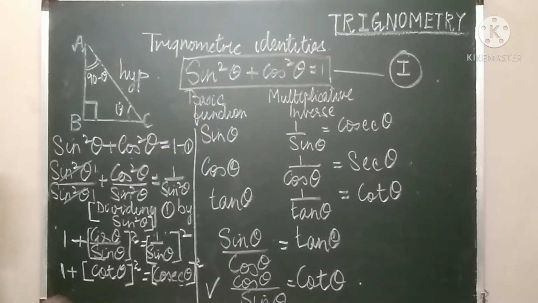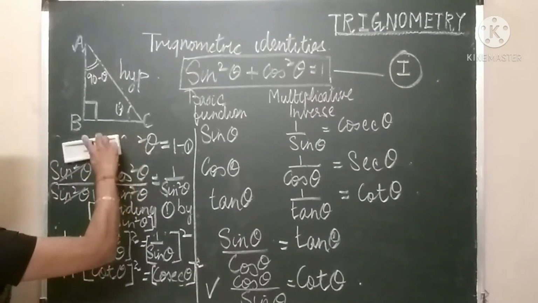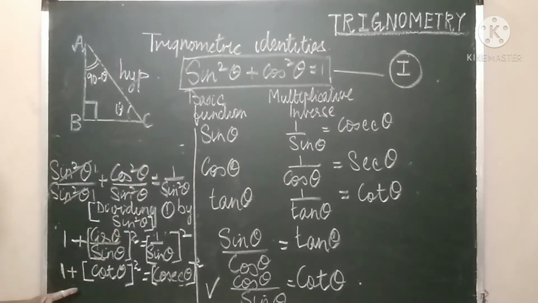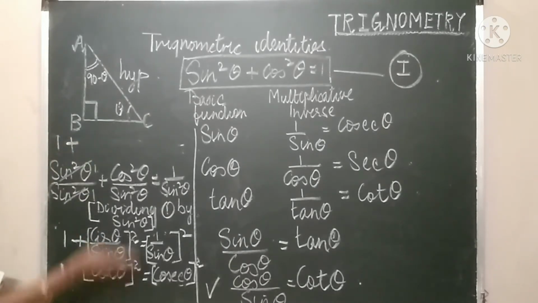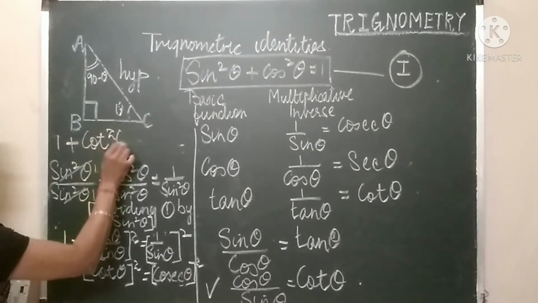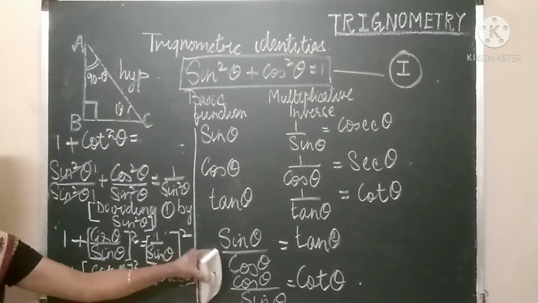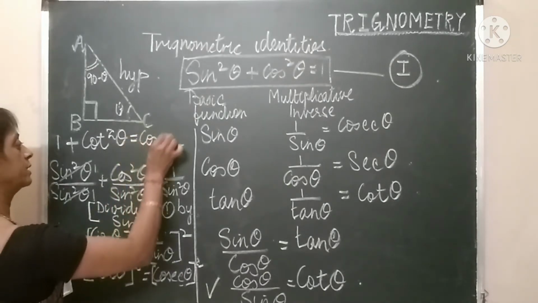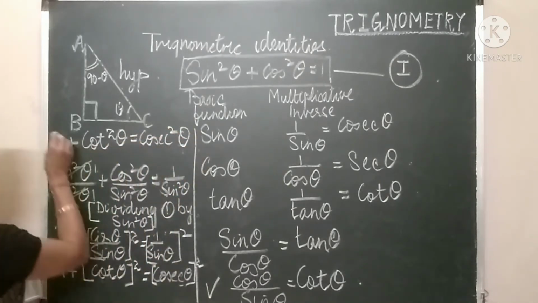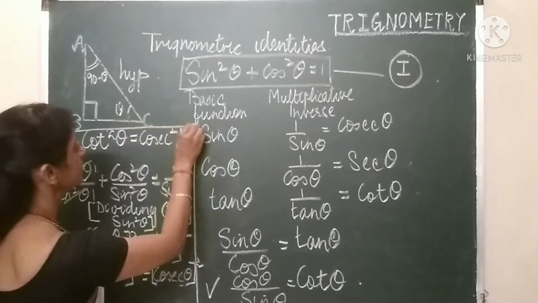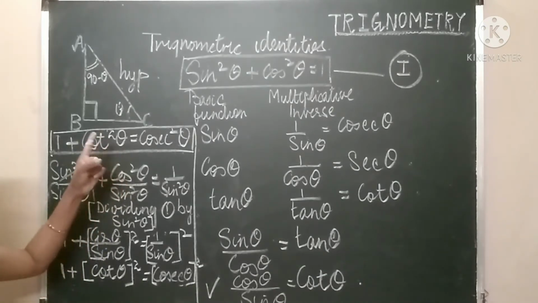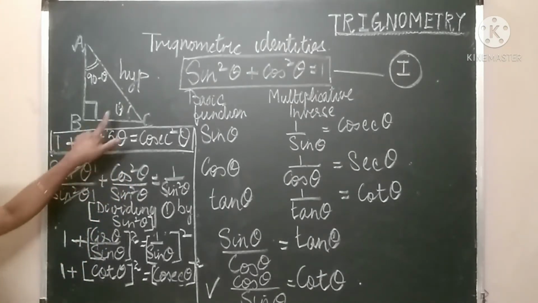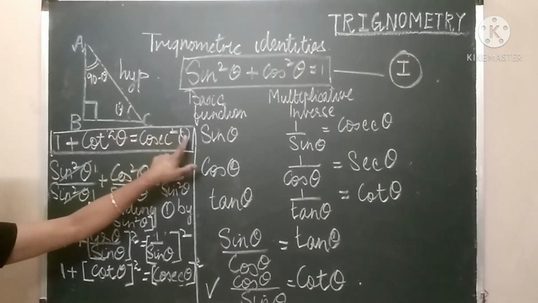So children, here we get the other identity which says that 1 plus cot theta the whole square, which is cot square theta, is equal to cosec theta the whole square, which is cosec square theta. This is the second trigonometric identity: 1 plus cot square theta is equal to cosec square theta.